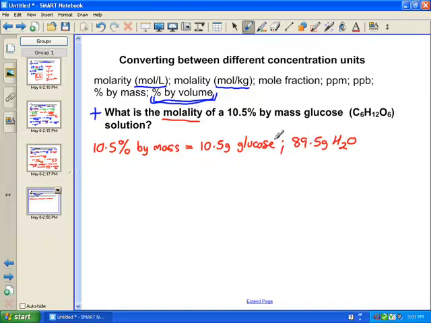Alright? So let's do the glucose first. We're going to convert this 10.5 grams into moles. So we know 10.5 grams, I'm just going to say G for glucose. And we're going to do the usual conversion factor, where when we're going from grams to moles, we put 1 mole of whatever on the top, and then the number of grams on the bottom. Now we know carbon is approximately 12 grams per mole, hydrogen is approximately 1 gram per mole, and oxygen is approximately 16.